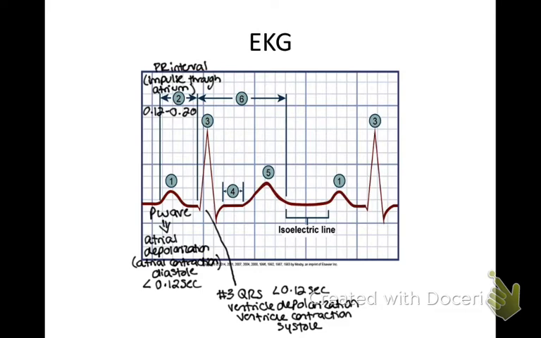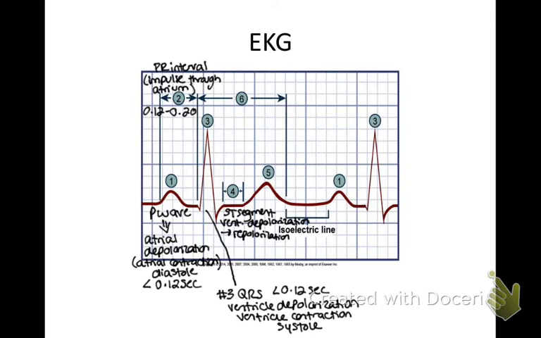That's when the ventricles are contracting during systole. What causes that little dip? It's starting polarized, and it's becoming depolarized, and then repolarization, which we're going to talk about. So 4 is the ST segment.